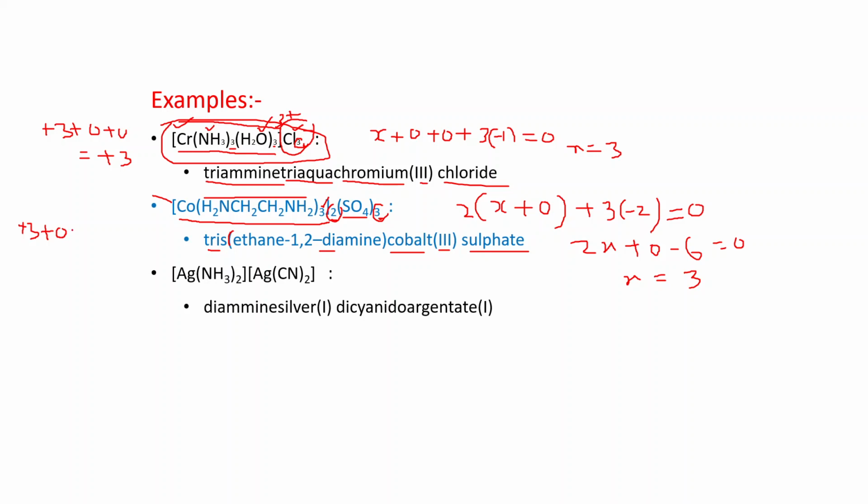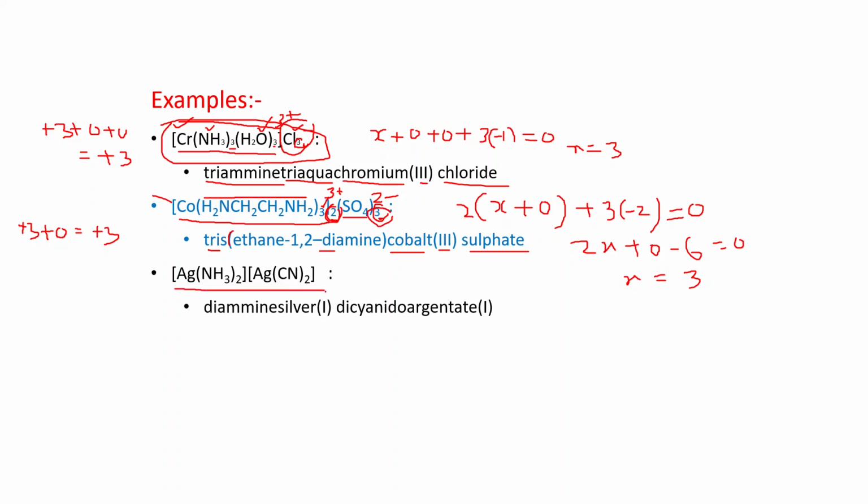That's why we can say charge on this coordination entity is equal to plus 3. And charge on the sulfate ion is 2 minus. That's why we can say this is 3 plus and this is 2 minus. To make equal charge, the 2 is written here for the coordination sphere, and the 3 is written here.